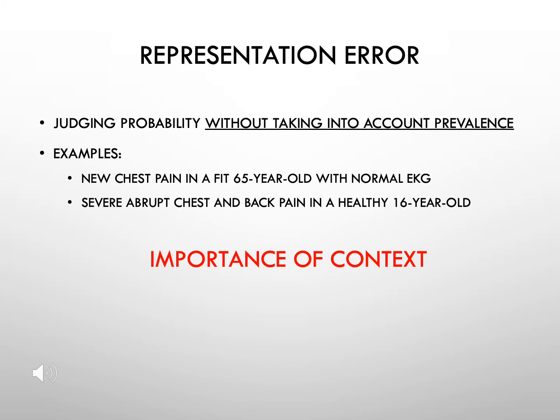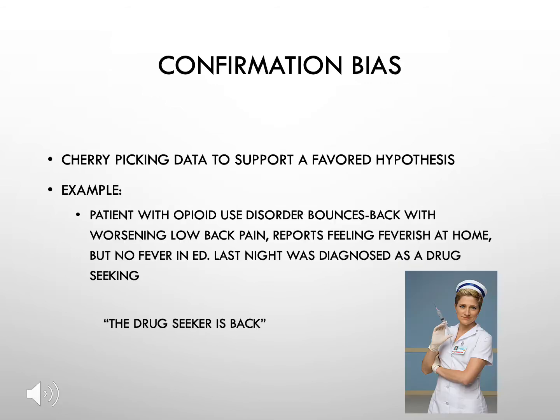Now, this is not to say that the first patient definitely has an ACS or that the 16-year-old doesn't have a dissection, but age-related prevalence plays a role in how much we weigh signs and symptoms. Confirmation bias is when you cherry-pick data to support your favorite hypothesis. Patient brought back into the emergency department by the nurse who says, here, this guy, the drug seeker, is back.